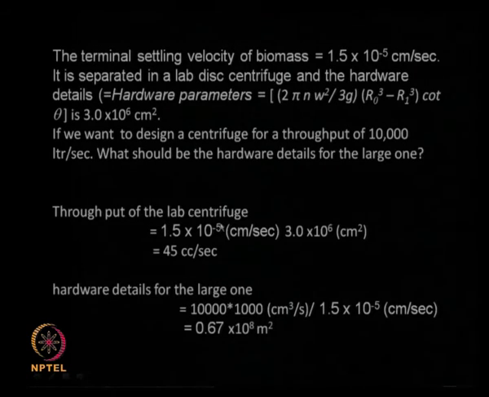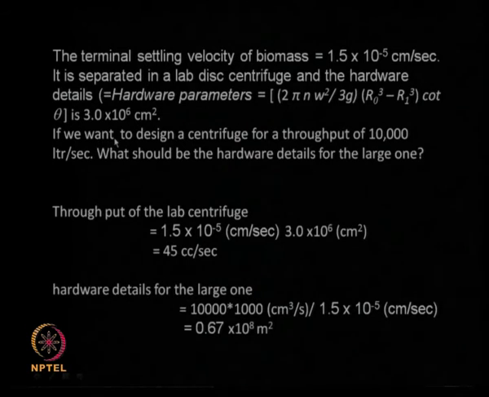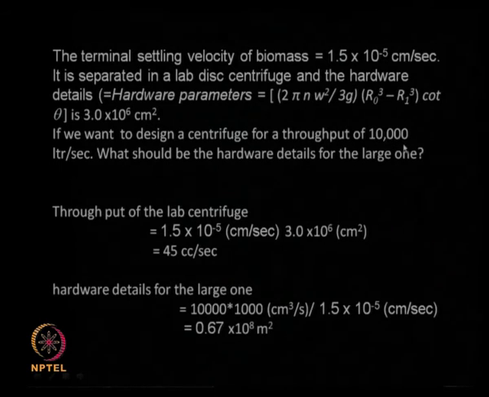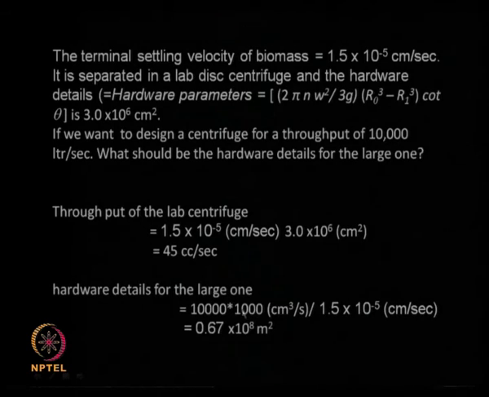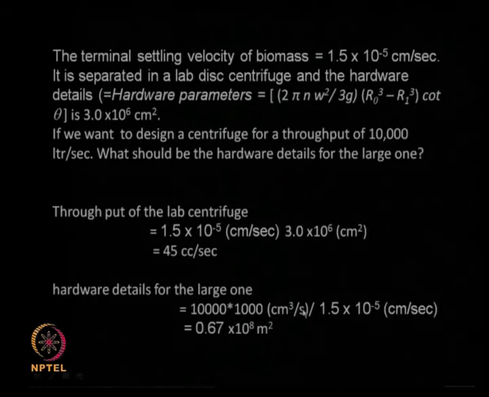Now, the hardware details for the lab centrifuge are given, and the throughput of the large scale is also given, that is 10,000 liter per second, which can be converted into so many cc per second.